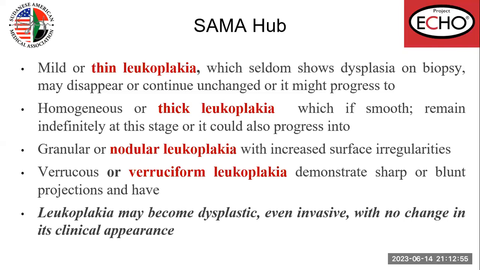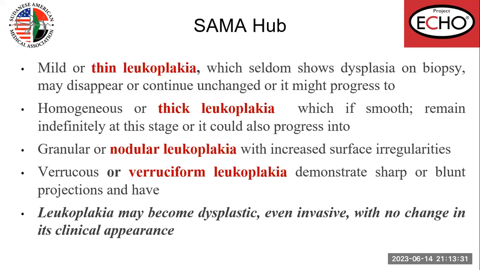The next stage is called thick leukoplakia or homogeneous leukoplakia, which, if smooth, remains indefinitely at this stage, or it could also progress to a more advanced stage, which is the granular or nodular leukoplakia with increased surface irregularities. So the smooth appearance will disappear, and it will be replaced by a more roughened or granular surface.